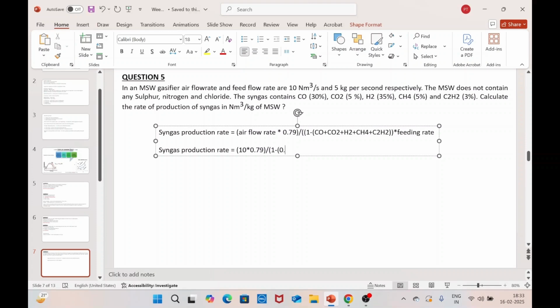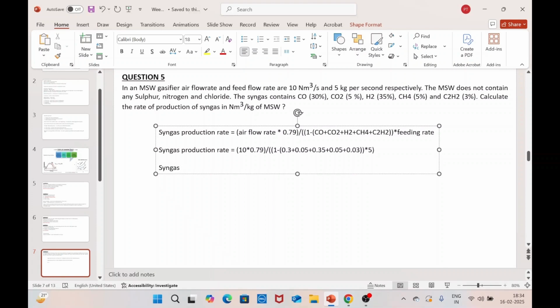Carbon monoxide is 0.3. Carbon dioxide is 0.05. Hydrogen gas is 0.35. Methane is 0.05 again. And acetylene is 0.03, times the feeding rate, which will be nothing but 5 kg per second. So 5. Is this okay?